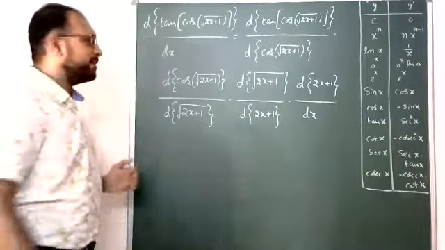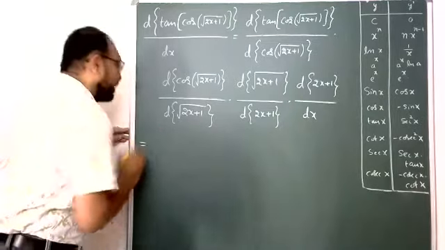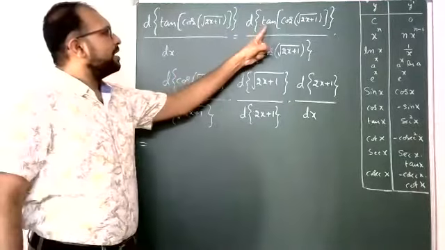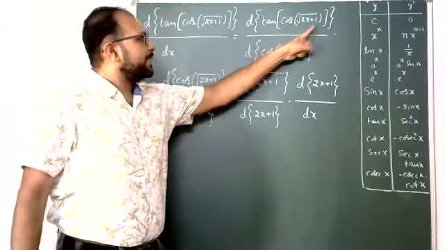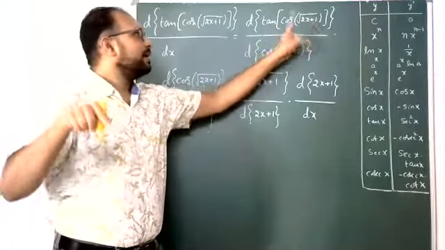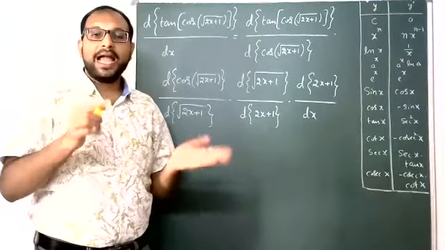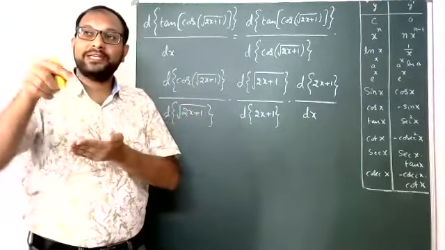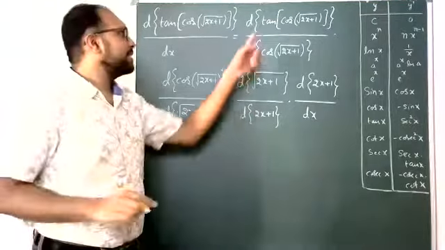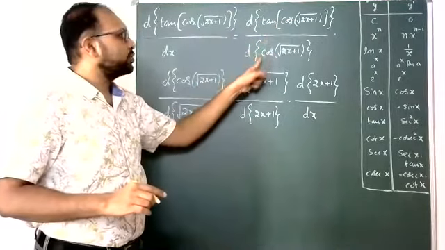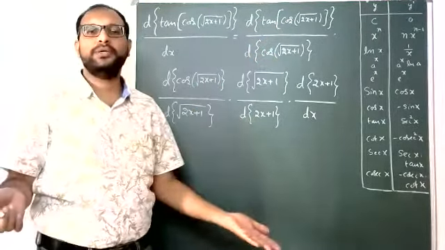Now one by one. First one, derivative of tan of this complete thing, which I am assuming is u. Tan u with respect to u: tan x with respect to x is secant square x, same as tan u with respect to u is secant square u.